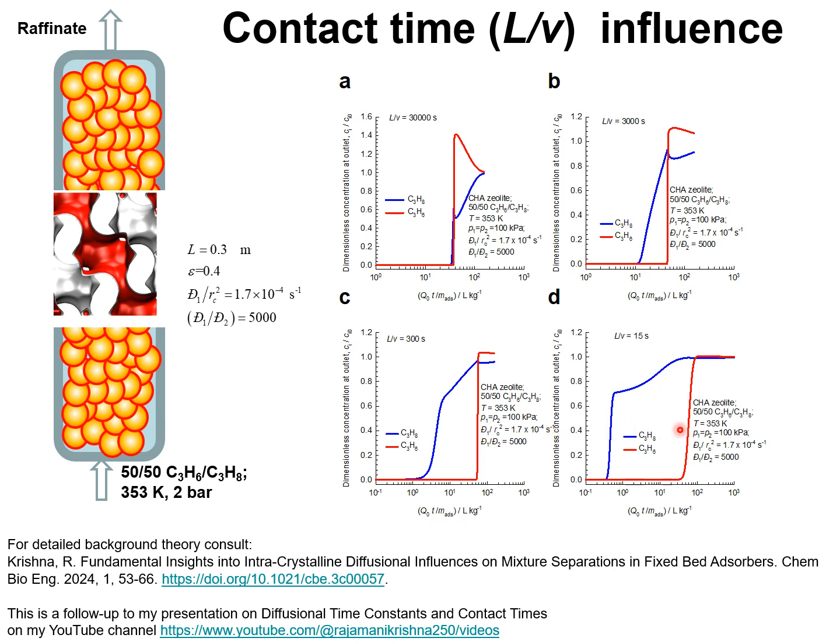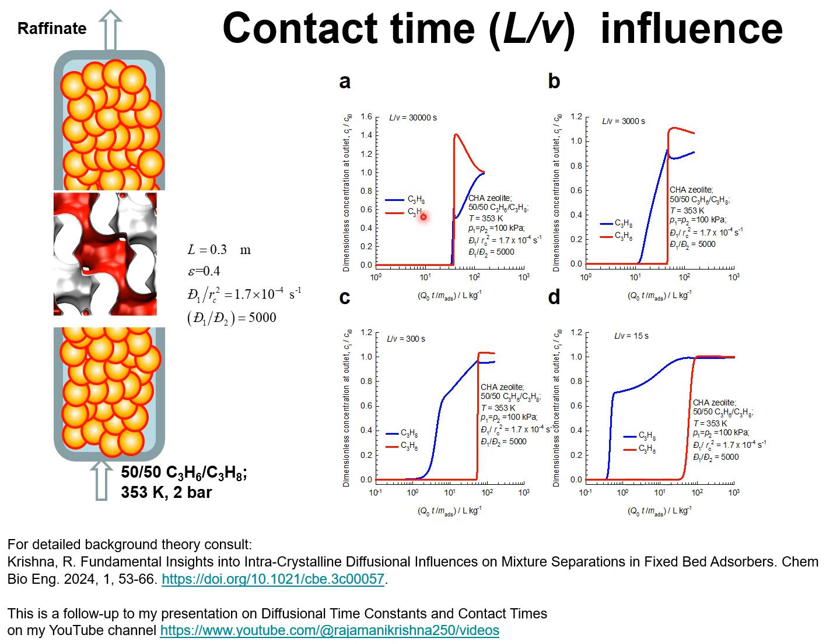And this is for 15 seconds. We note that the extent of roll-up for propene is significantly influenced by the contact time between the gaseous mixture and the crystals of Chabasite zeolite.